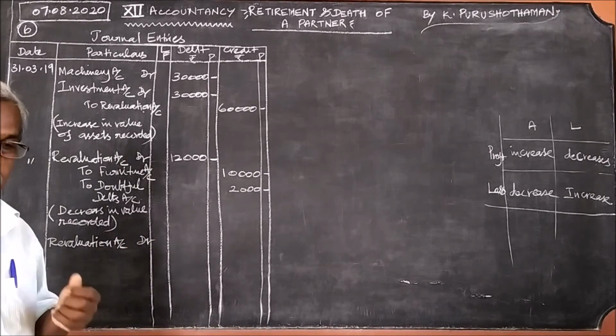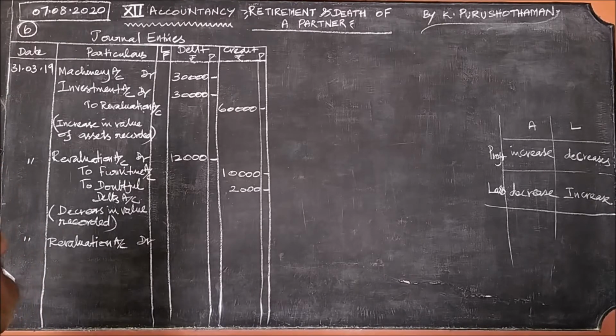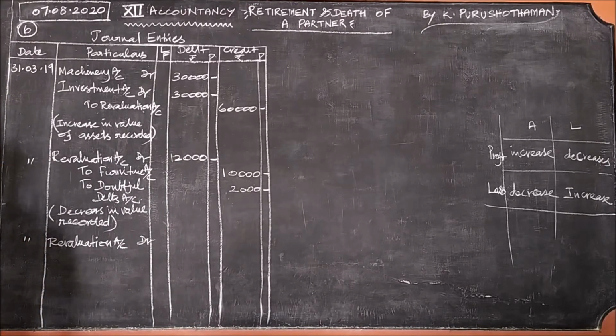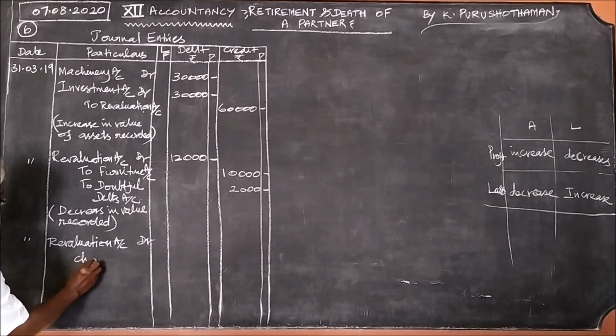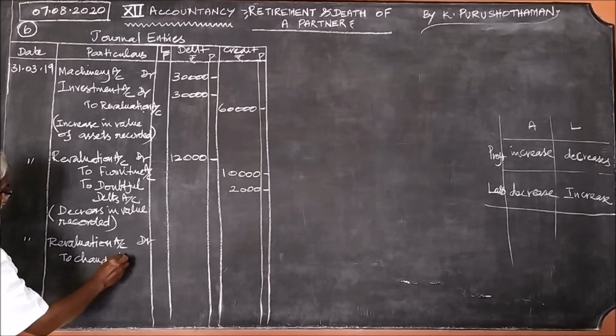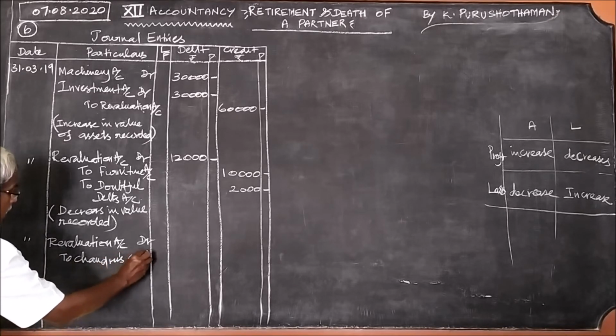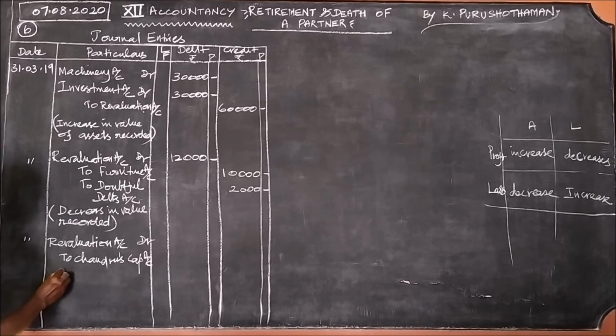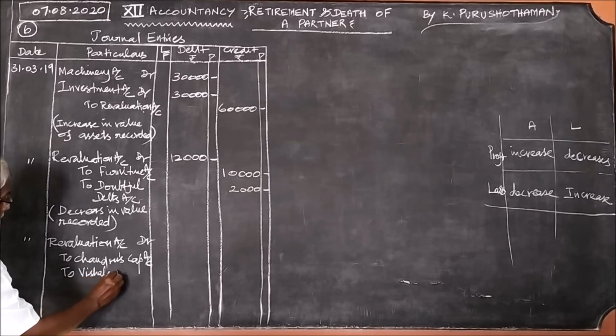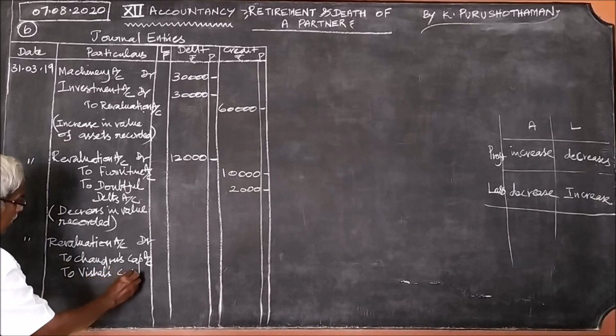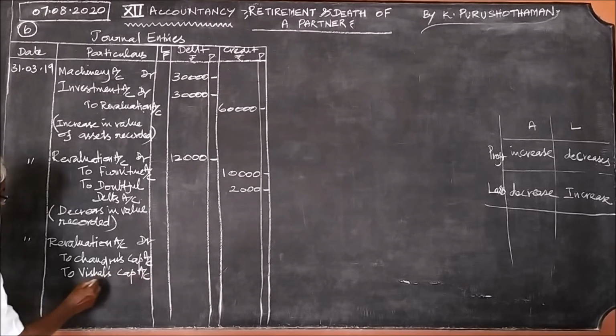The three partners are Chandru, Vishal, Ramana. To Chandru's capital account, to Vishal's capital account, to Ramanan's capital account.